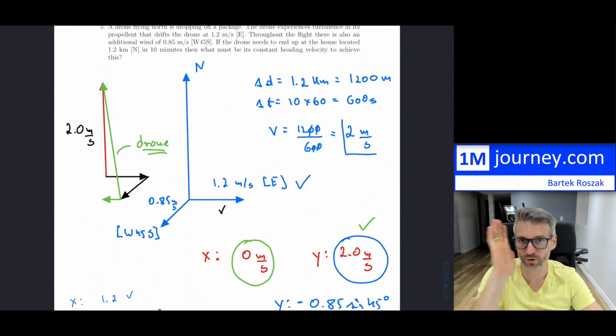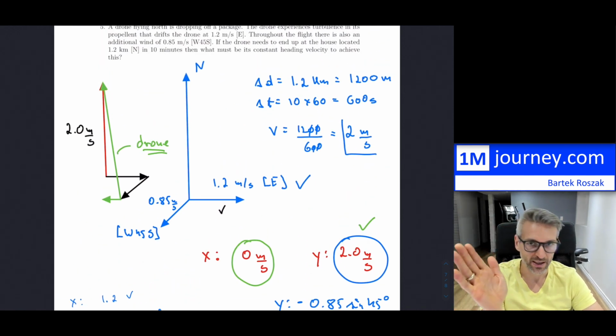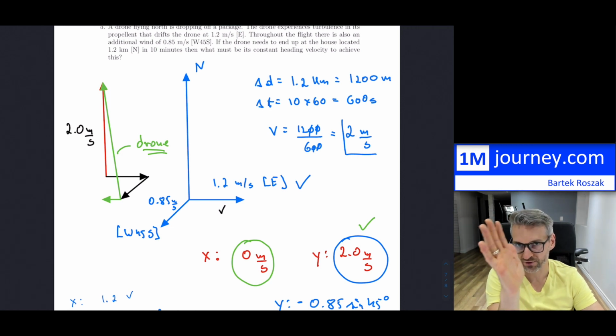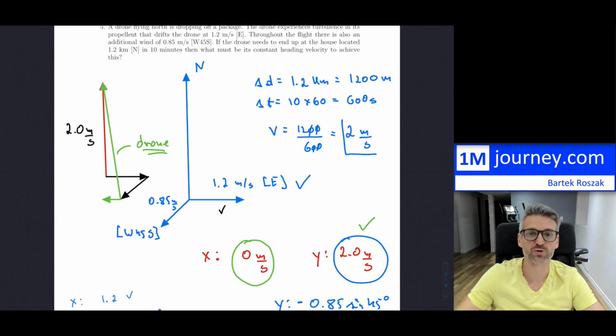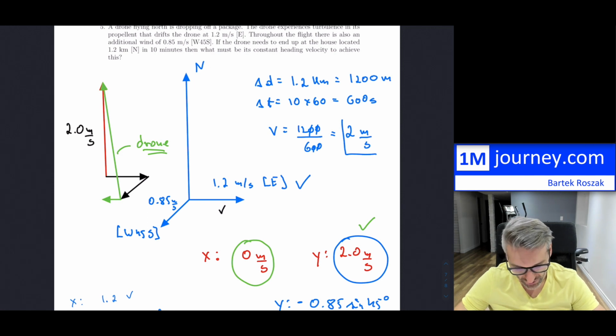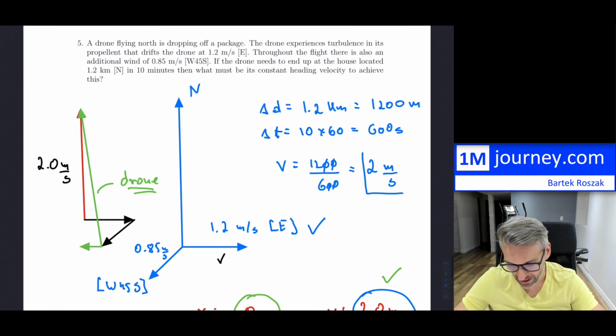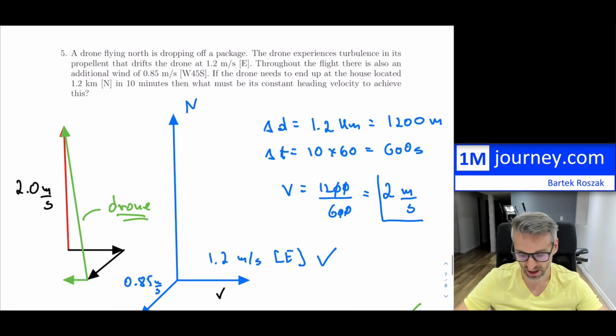Notice the drone isn't going just straight north. If it did, it would get shifted away. So it has to take a heading velocity to overcome those two, the wind and the actual disturbance from the propellant.